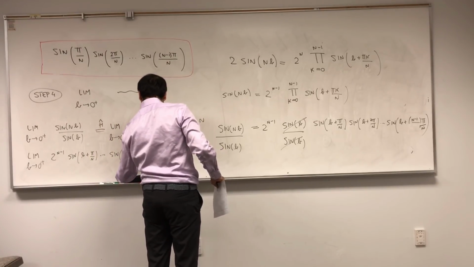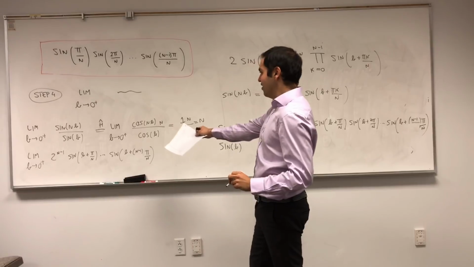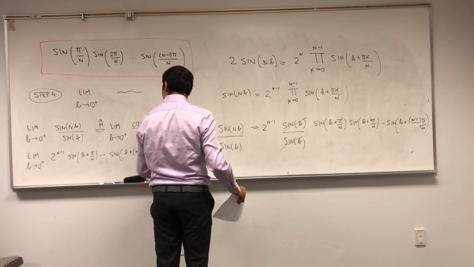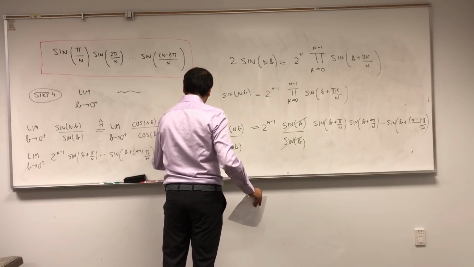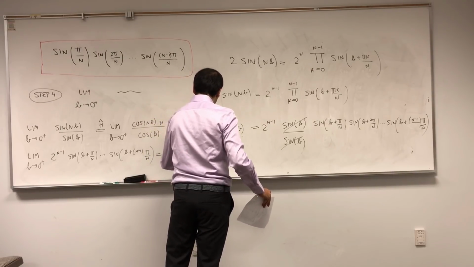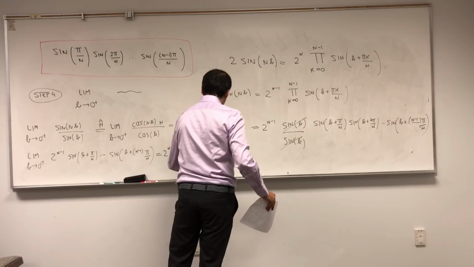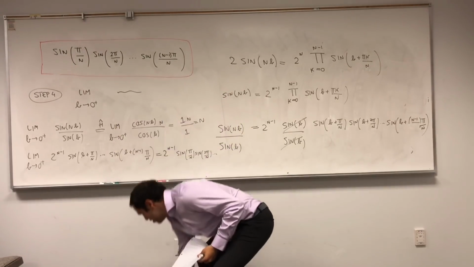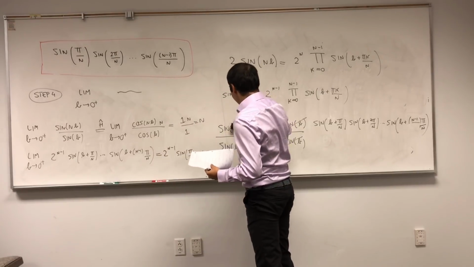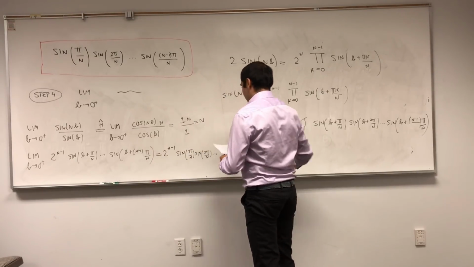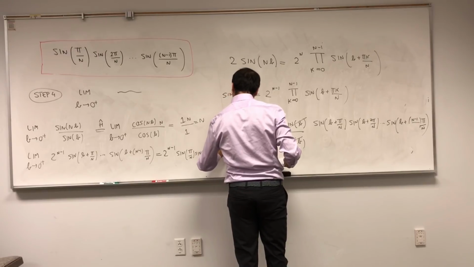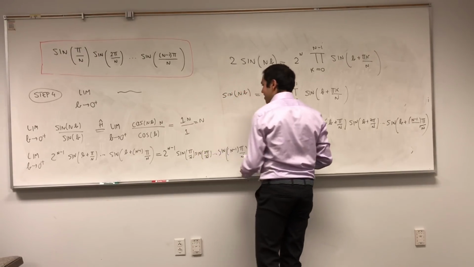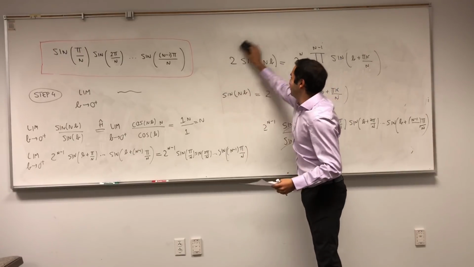Well, this equals, in fact, 2 to the n minus 1, sine of pi over n, sine of 2 pi over n, dot dot dot, sine of n minus 1 pi over n. Woo! Which is just what we want.